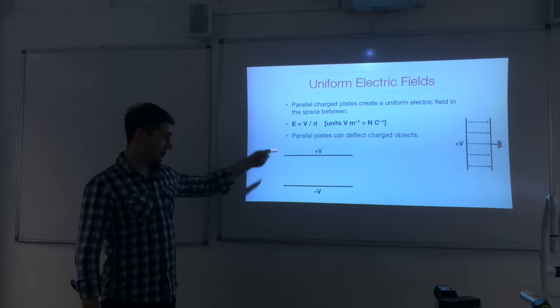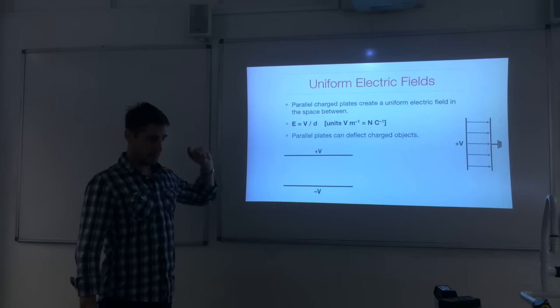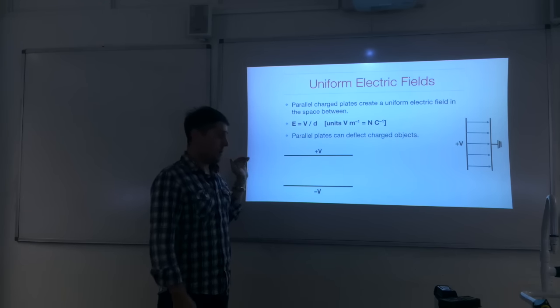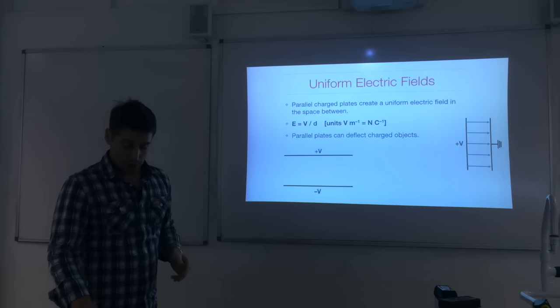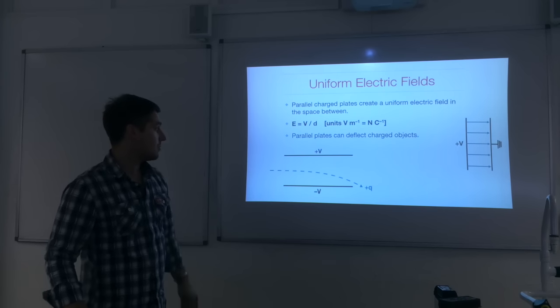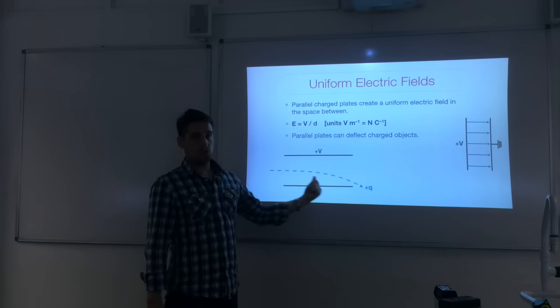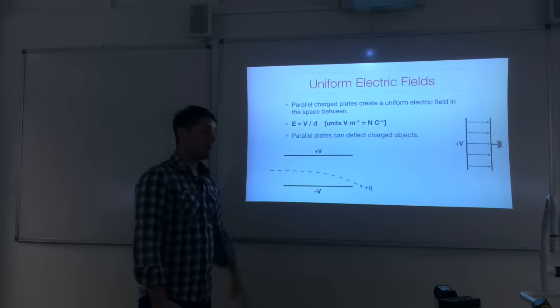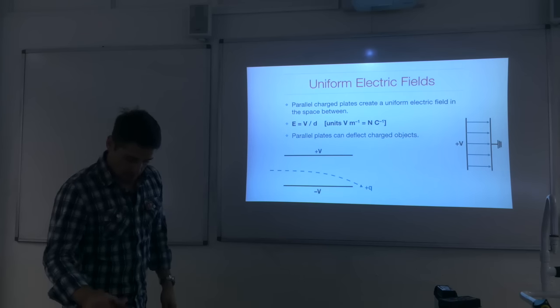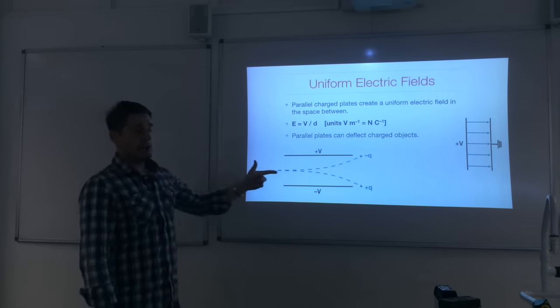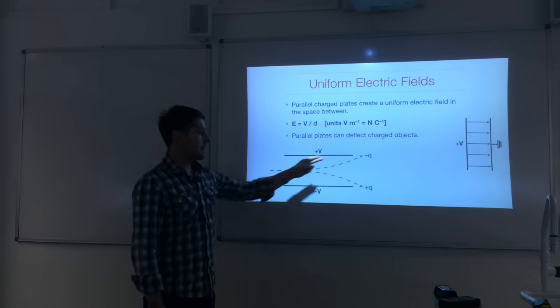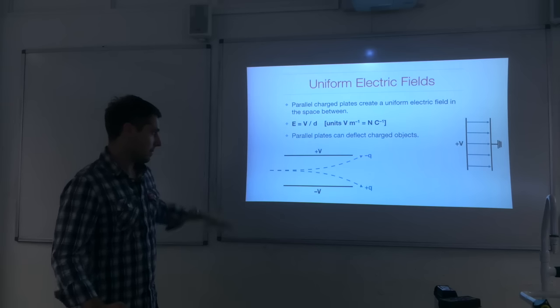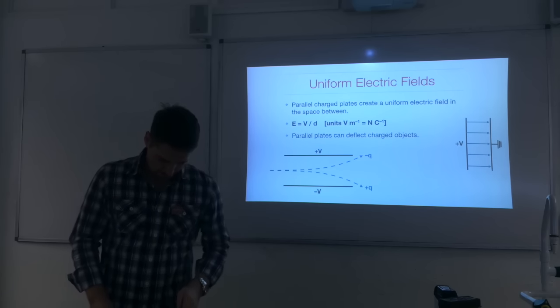a positive and a negatively charged plate here, and we can use this arrangement to deflect charged particles. So if we fire a positively charged particle through this arrangement, then it's going to be attracted towards the negative, repelled from the positive. And if we fire a negatively charged particle through, then we've got it being deflected upwards.